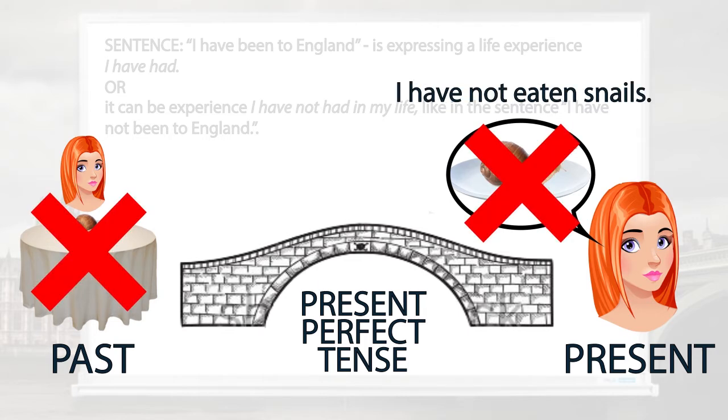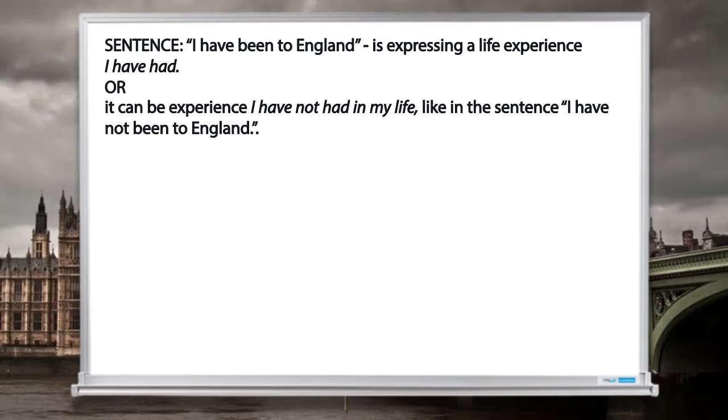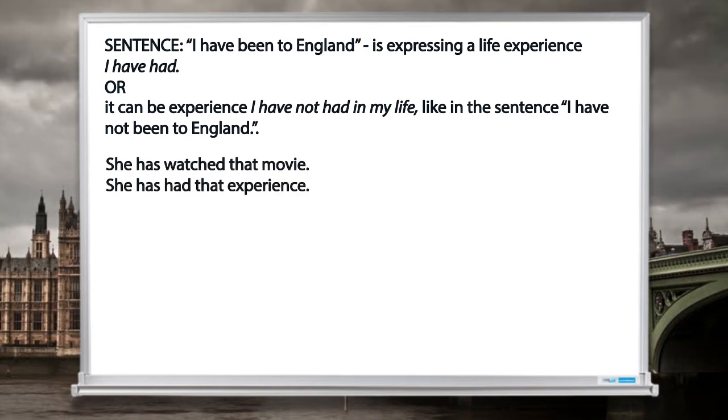Does the sentence, I have eaten snails, say when this happened? No, it doesn't say, because it's not important. The focus of this statement is a life experience, not the time reference. She has watched that movie, meaning that sometime in the past she has had that experience of watching the movie.